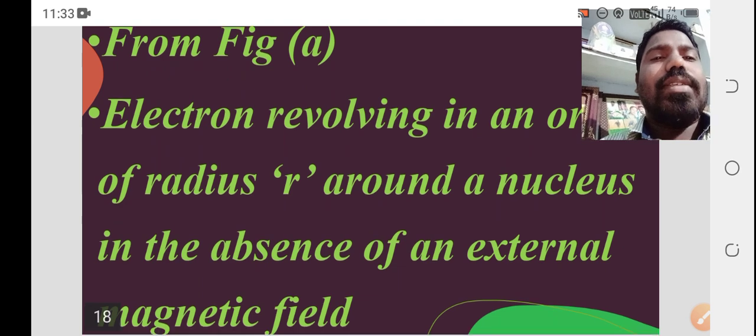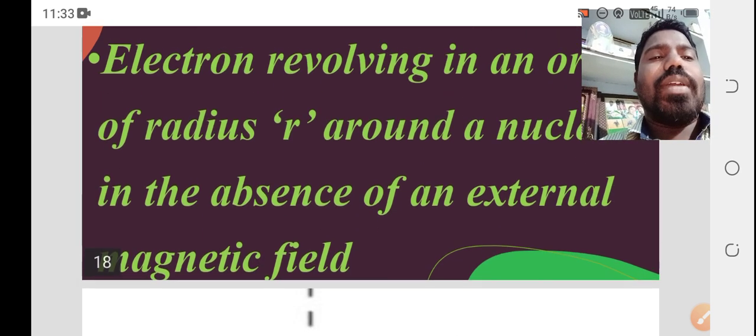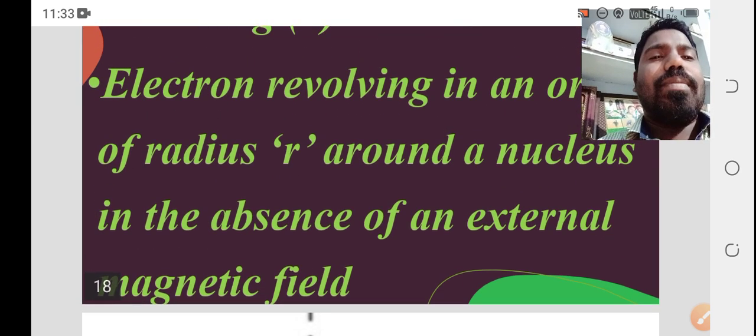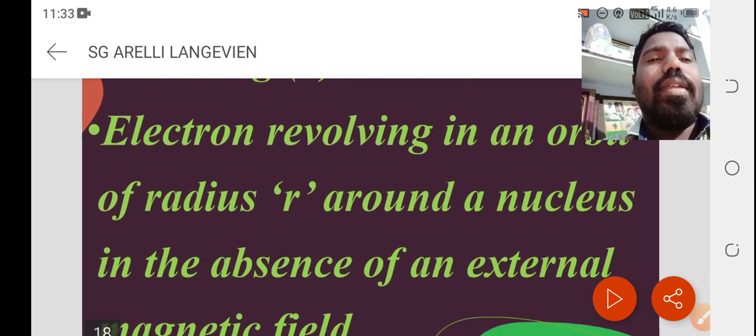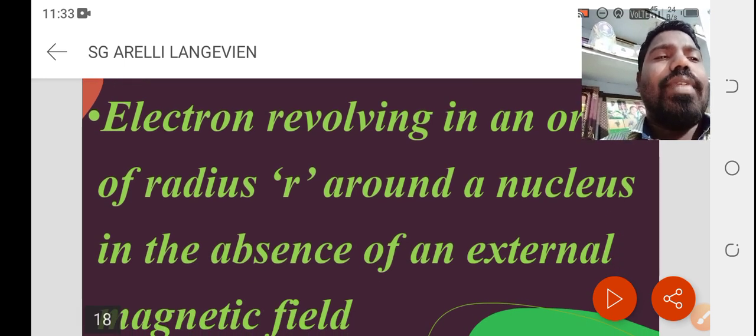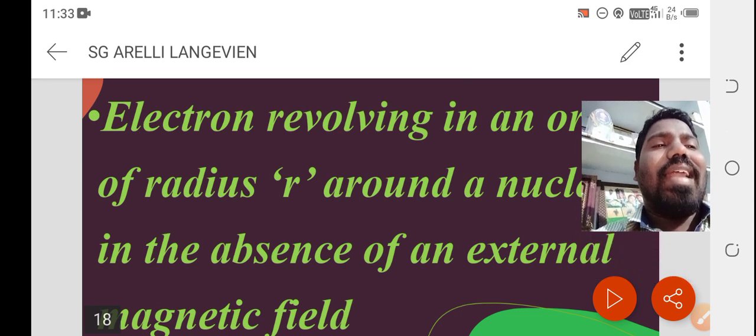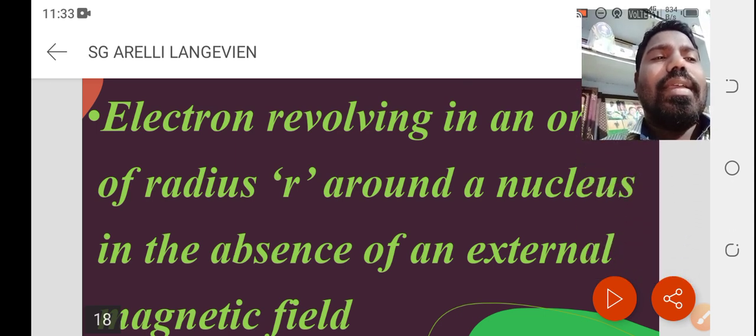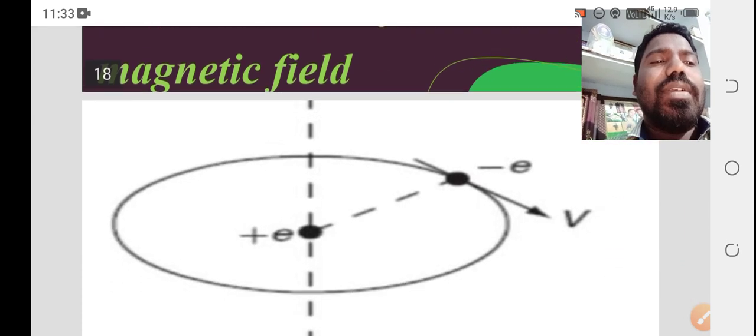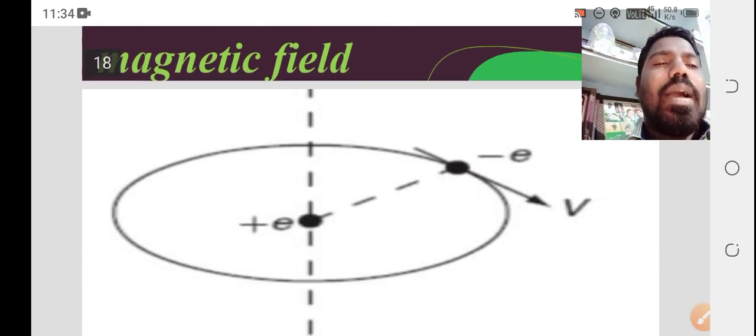We need to consider two figures here, figure A and figure B. From figure A, we can analyze an electron revolving in an orbit of radius r around a nucleus in the absence of an external magnetic field.